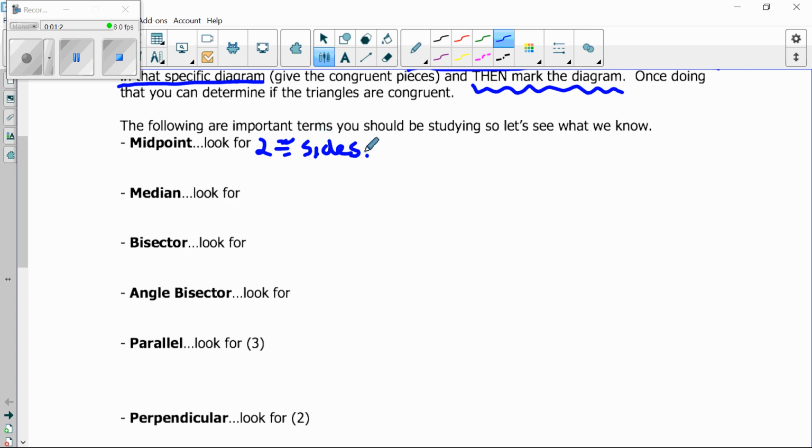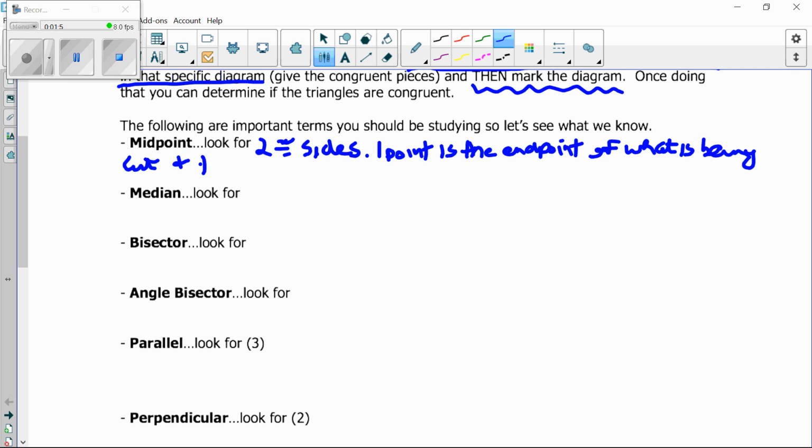So with two congruent sides, one point is the end point of what is being cut, and the midpoint is the other end point. So hopefully that makes sense. We'll look at examples and it should make a little bit more sense.